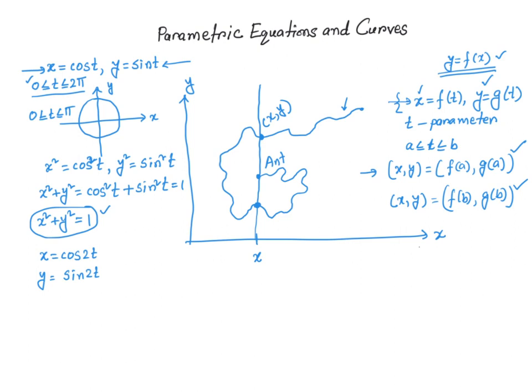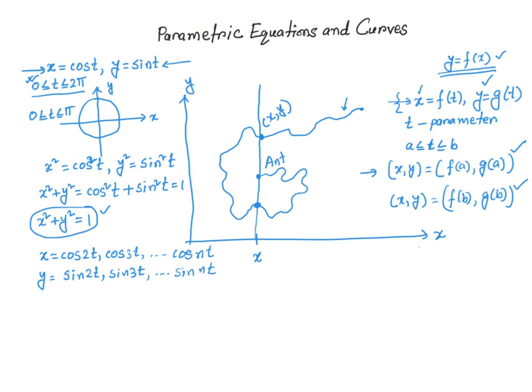Similarly, you could have cosine of 3t, sine of 3t. In that case, if you keep this as the interval for t, it's going to go 3 times around the circle. But you could adjust your interval accordingly if you'd like to. In general, you could have cosine of nt, sine of nt, where n is a positive integer.